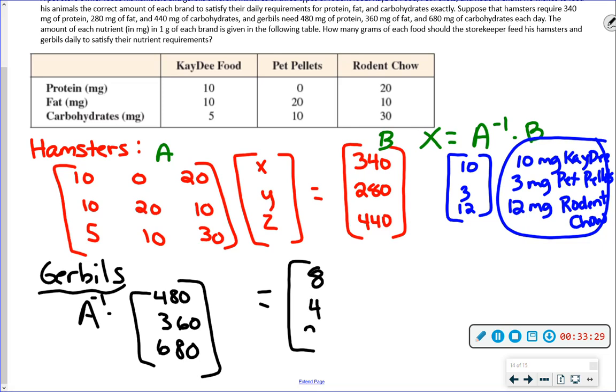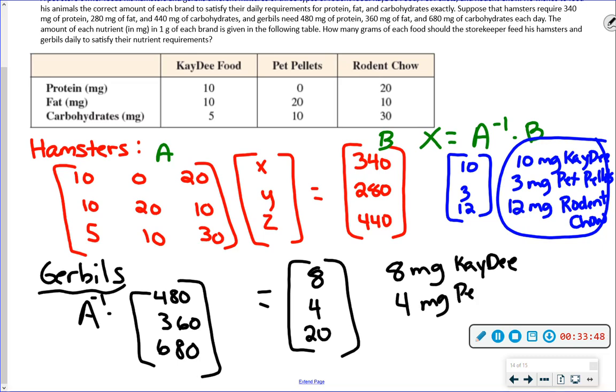So again, story problem. We got 8 milligrams of the KD, 4 of the pet pellets. Isn't this fun? And 20 of the rodent chow.